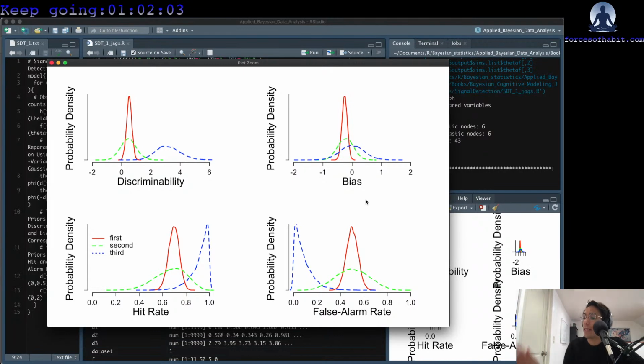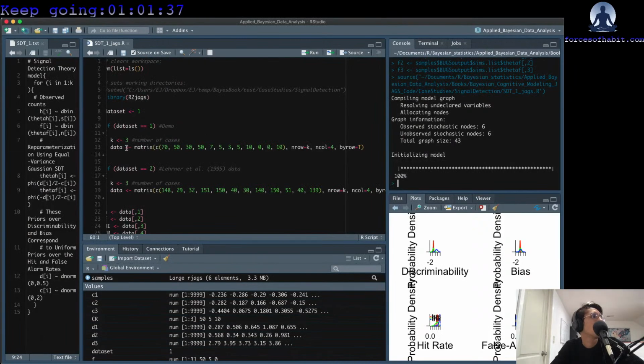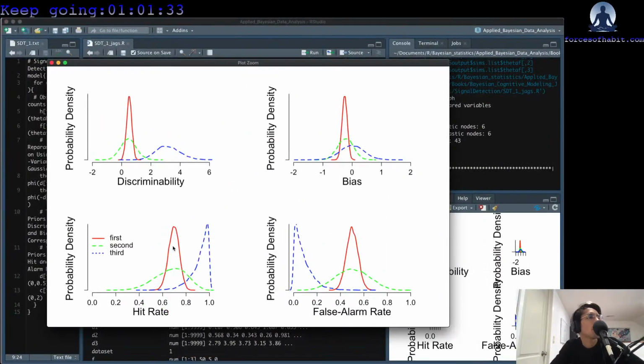And part of that is because of the confidence in our estimates, or the influence of the likelihood, given the sheer number of observations, at least with respect to distributions 2 and 3, which are based on, I believe, 10 observations, though with different rates. 20 observations, sorry. So 20 observations.